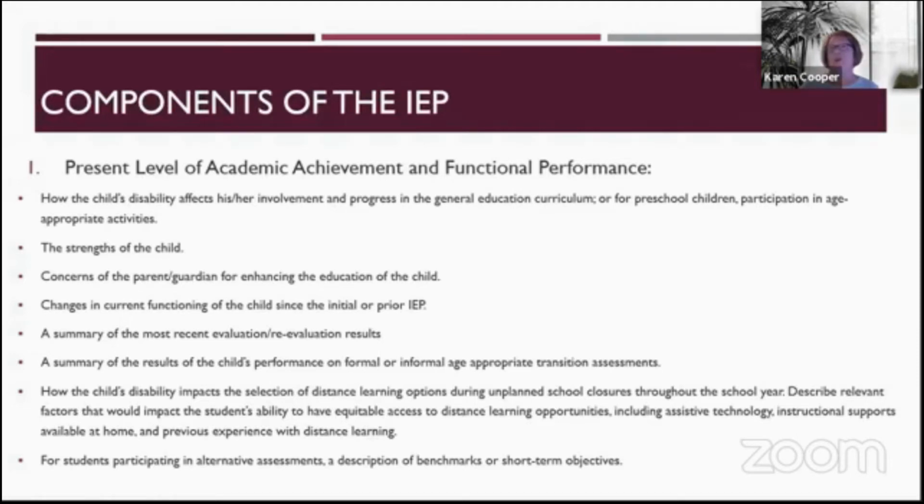All of those things. How are they functioning in the cafeteria and in recess and PE? Are they able to access that the same as their non-disabled peers or function the same as their non-disabled peers? So when we're writing the present level, we want to make sure that we're thinking of that whole environment.